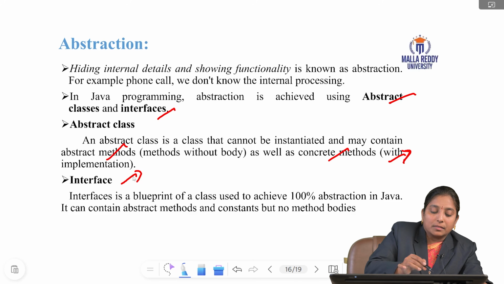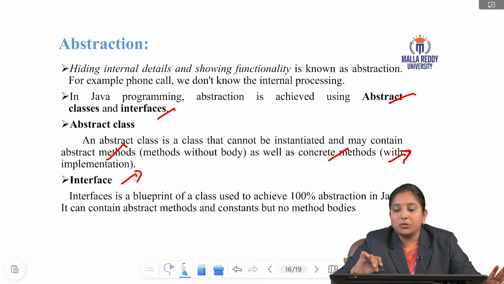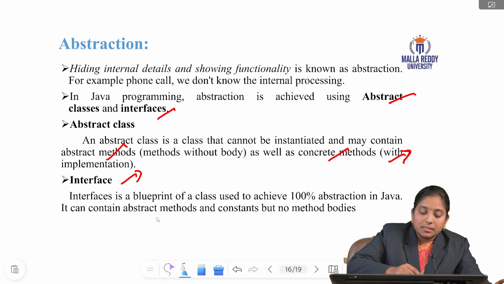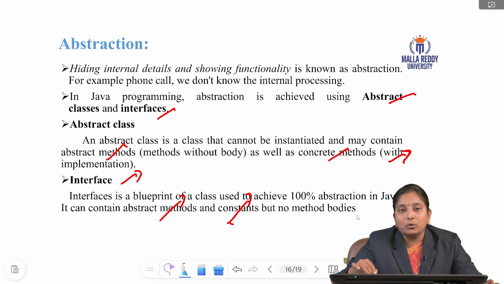Next, interface. Interface is the blueprint of a class. It is used to achieve 100% abstraction in Java. The interface contains only abstract methods and constant values, but no method bodies.